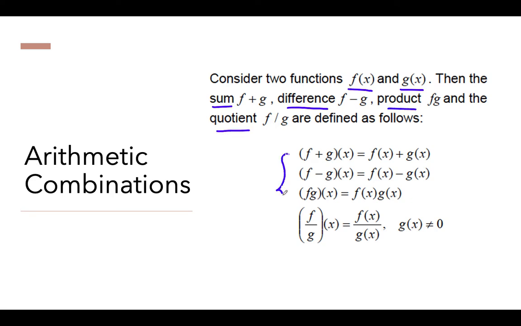When combining different functions, you could represent f plus g of x and separate it into two different functions. This category on the left side is the arithmetic combination that you could separate into different functions to carry out the algebraic expression.